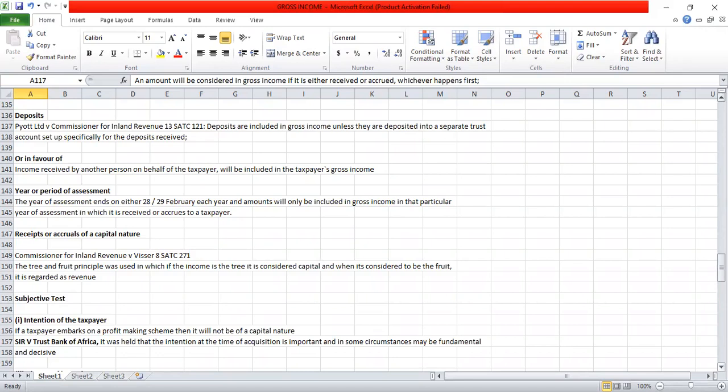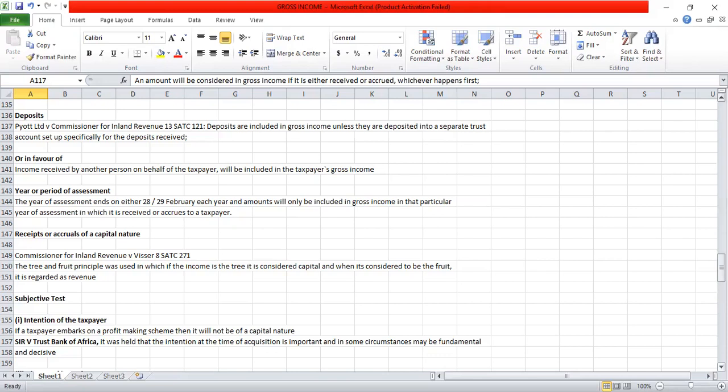That means you can only exclude the deposit from gross income if you have a special account whereby you deposit that money and you don't take it out. You don't withdraw it. It's just in that account until you pay back the deposit to the owner. In that case, you will not include it in your gross income.